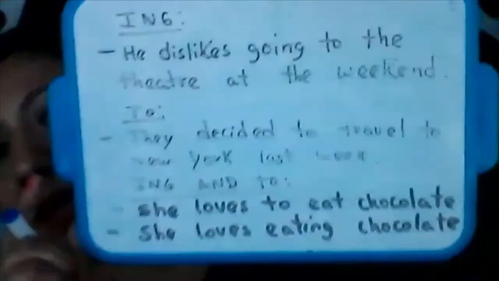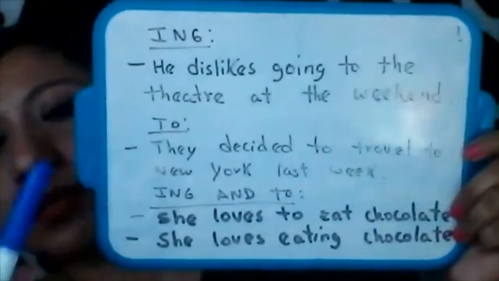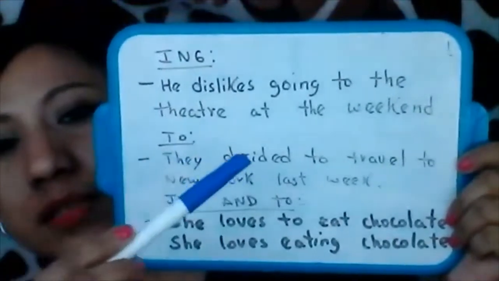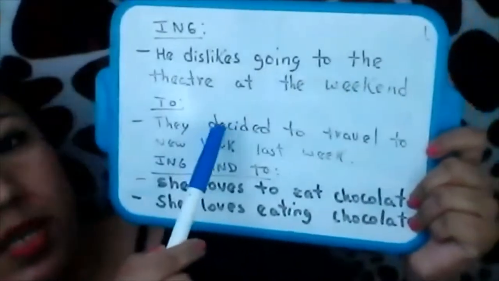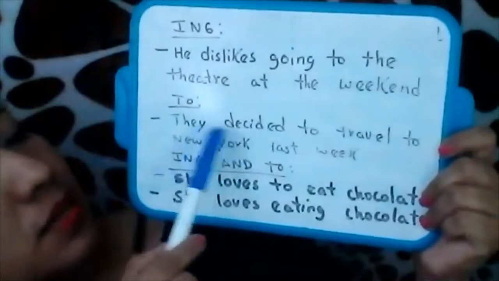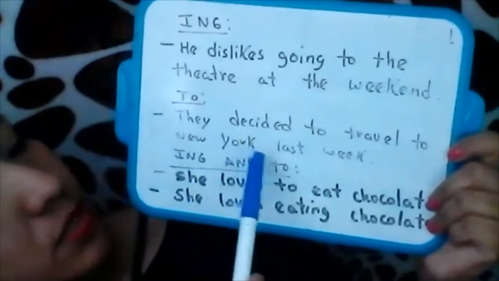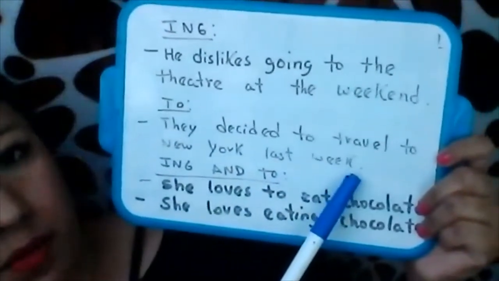Here I prepared one example of a verb followed by to, an infinitive. Okay. If you take a look here, we can say they decided to travel to New York last week. Okay.